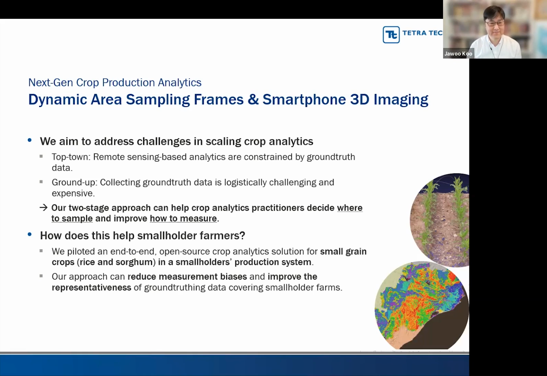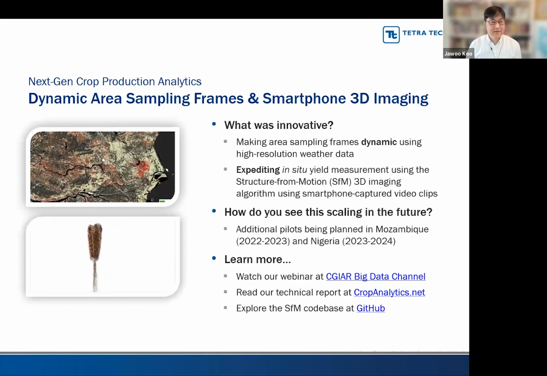The first map on the left-hand side, where there was an animation, shows the intermediate output of the vegetation index mapping from the dynamic sampling frame analysis we conducted for rice fields in eastern Odisha.